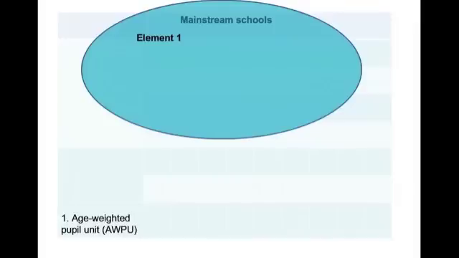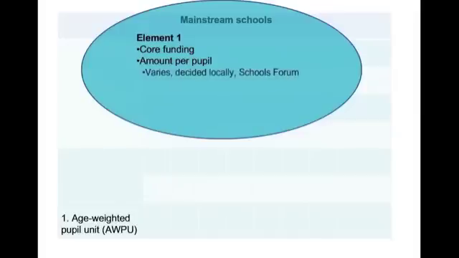Element 1 is schools' core funding, and it's allocated as an amount per pupil times the number of pupils in the school. And the amount will vary. It's decided locally within the involvement of the schools forum, where there's representation from schools.